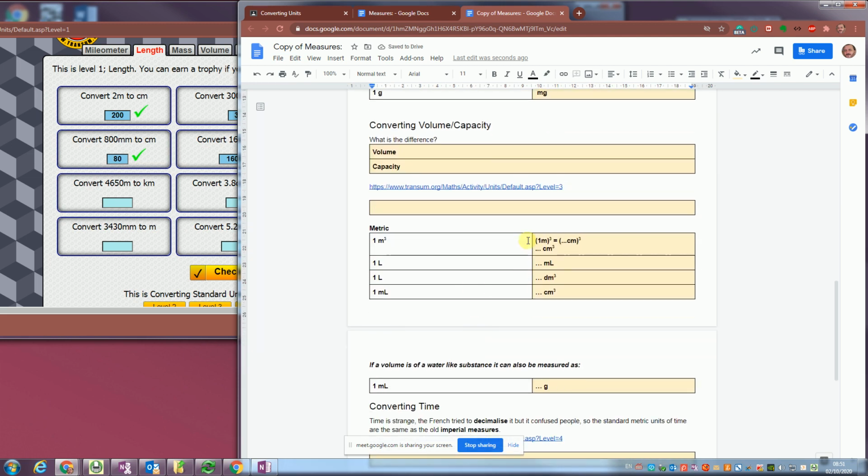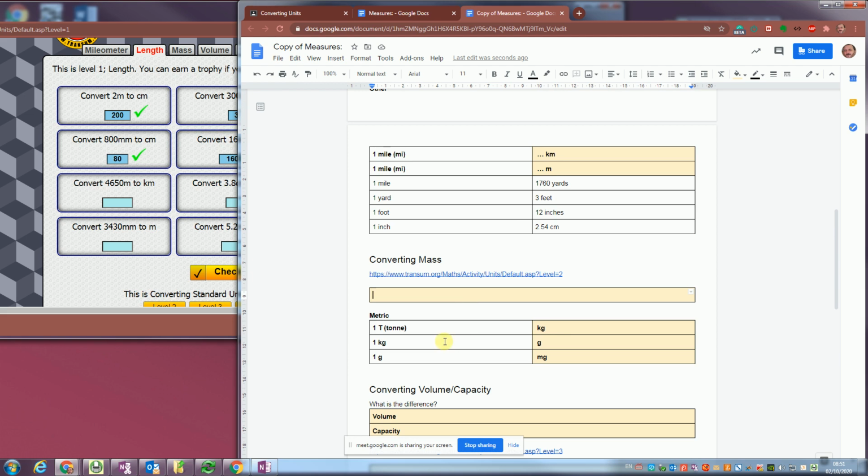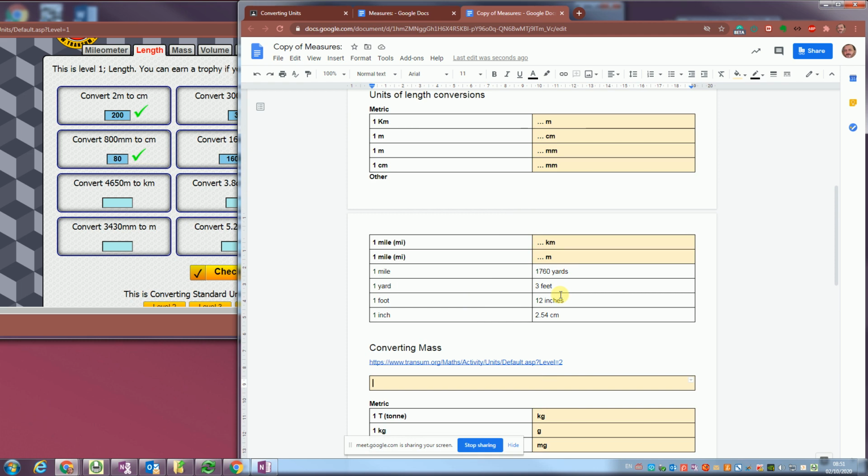And the important one that we need down here is the conversions for, oh sorry, one thing I missed out. The description of a kilogram, that came from taking 1 litre of water, and 1 litre of water defined a kilogram. And it actually means that some of you may have come across a couple of weird units when you were looking at volume.